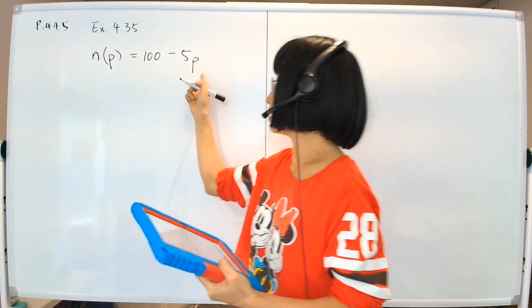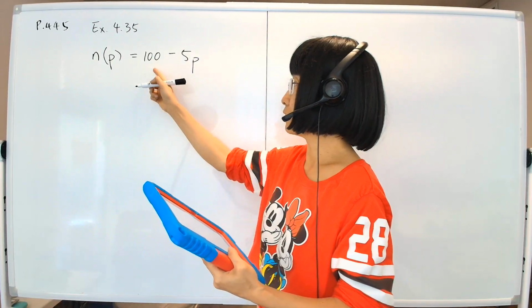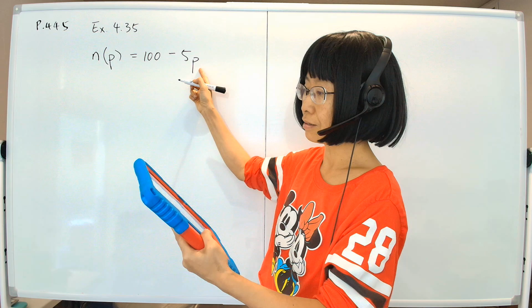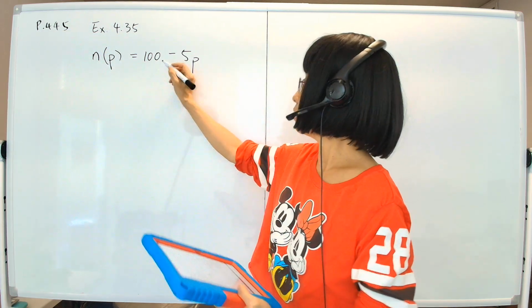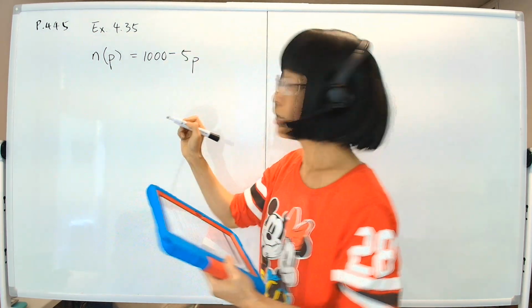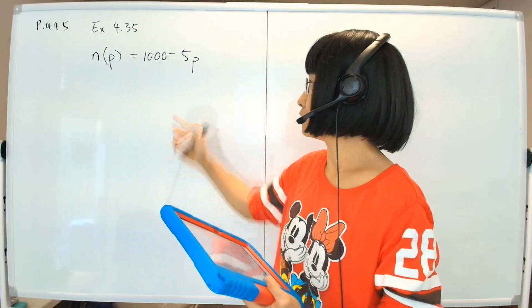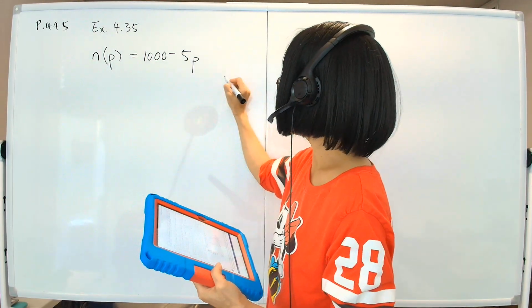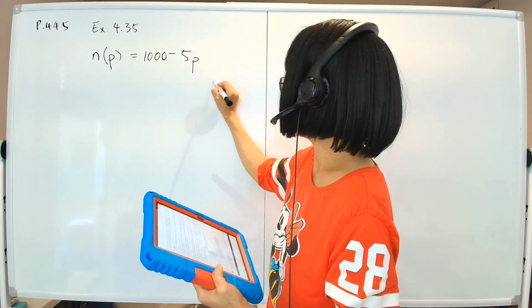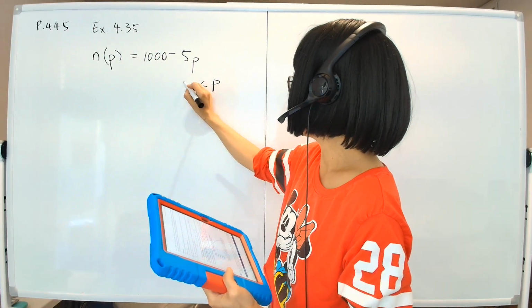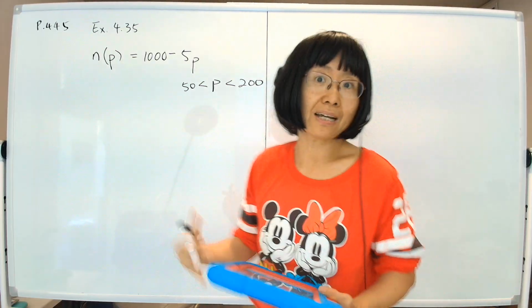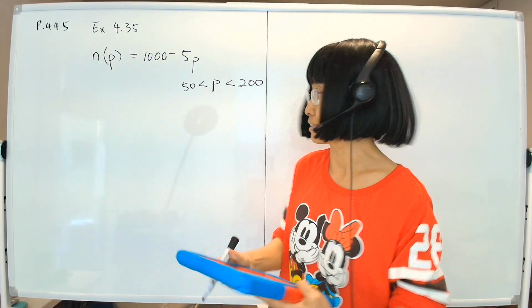When you plug in p equals 50, that's 750 cars, which is all the cars they rented. And when p is 200, 1,000 minus 1,000 is zero. So for this equation, we only care for p between 50 and 200. Any more or less than that is irrelevant to us.